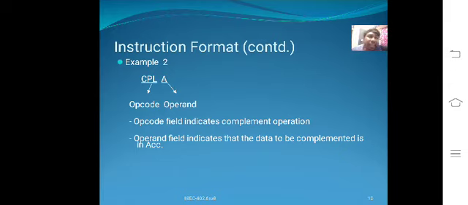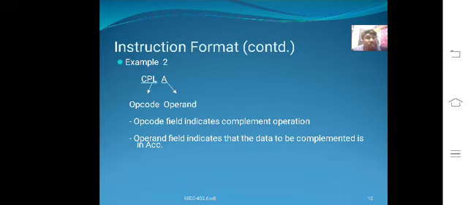The operand A field indicates that the data to be complemented is in the accumulator. After performing the complement operation, the data is stored in the accumulator register, that is the A register.